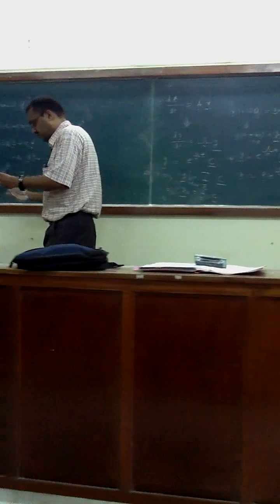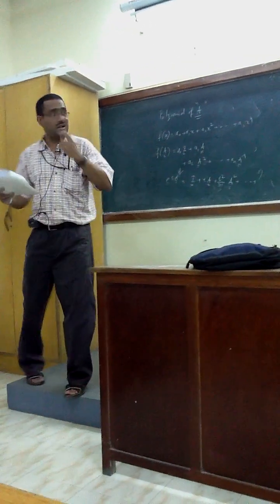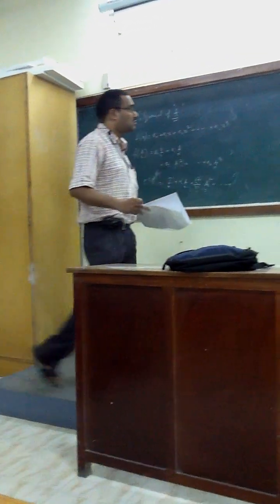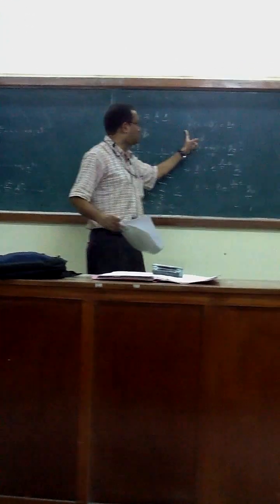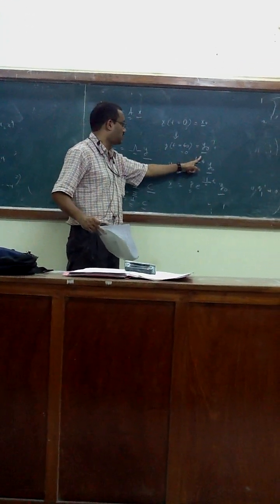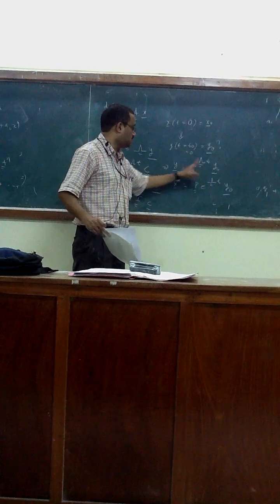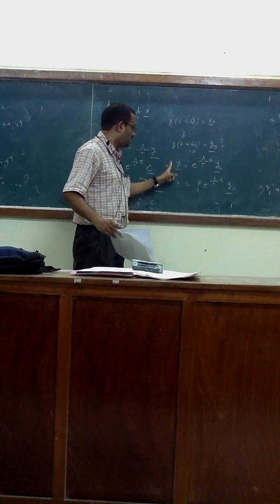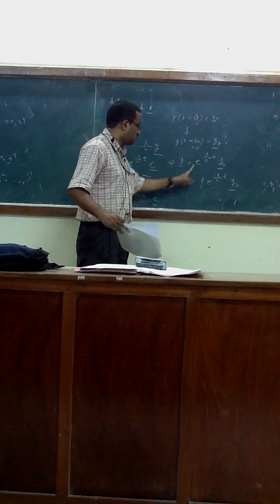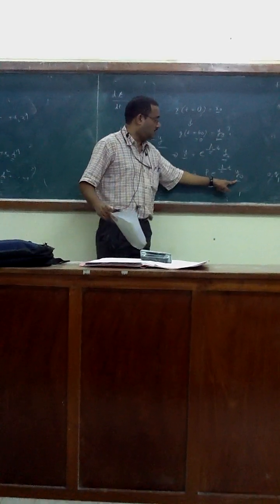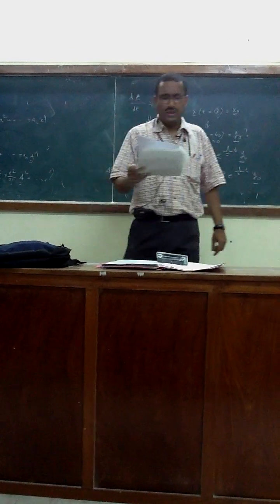That's the final solution. So it is possible to multiply by P inverse to get the Y0 vector. Finally, you get the Y solution, and you multiply by P to get X, which gives P e to the power lambda t Y0.